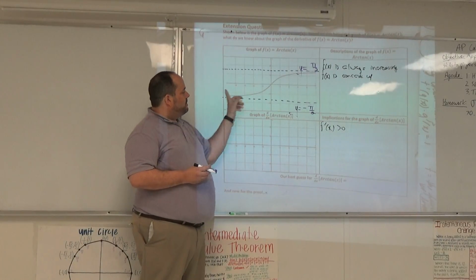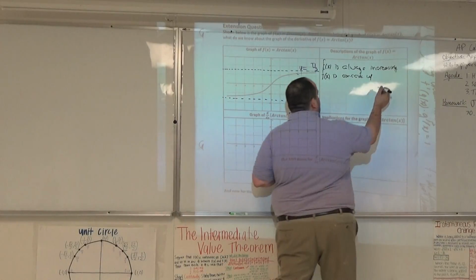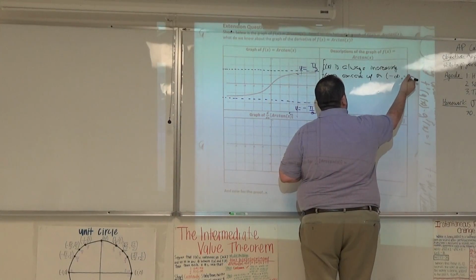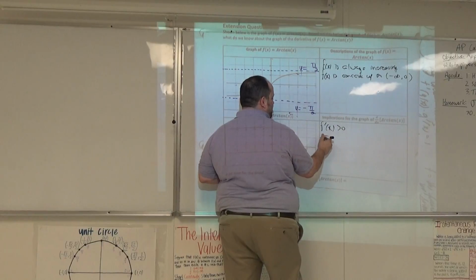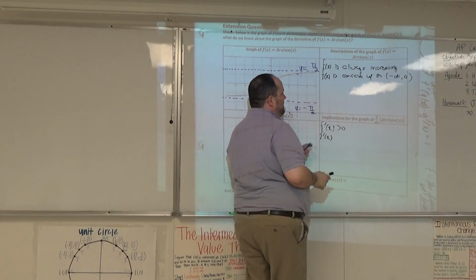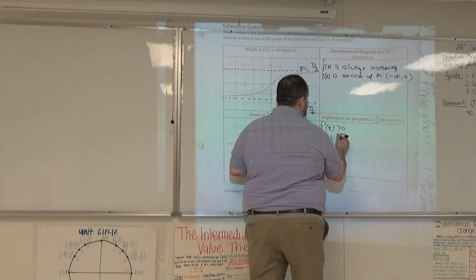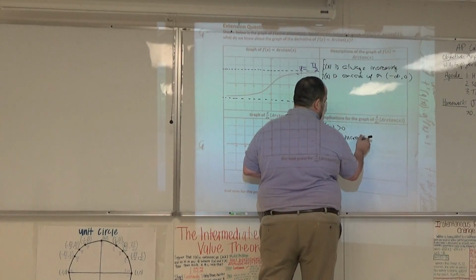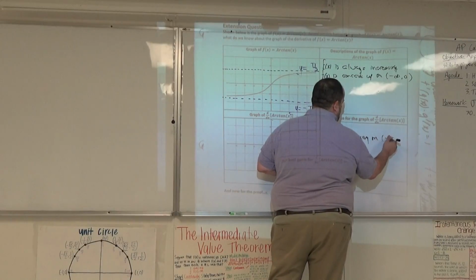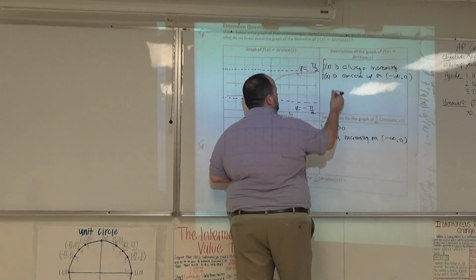From negative infinity to 0. f is concave up on the interval negative infinity to 0, so f prime, if f is concave up, the thing that we know about f prime is increasing on the interval negative infinity to 0.